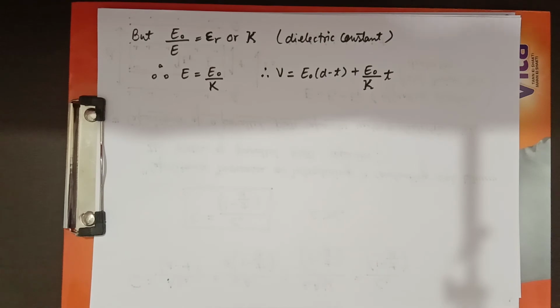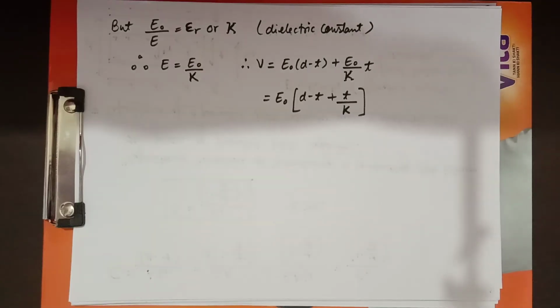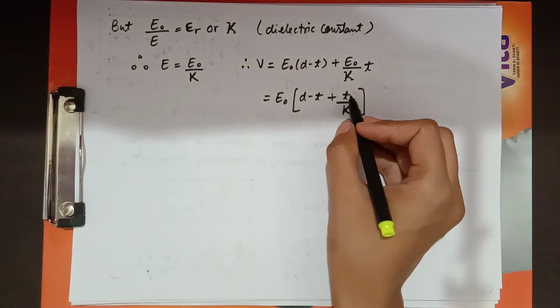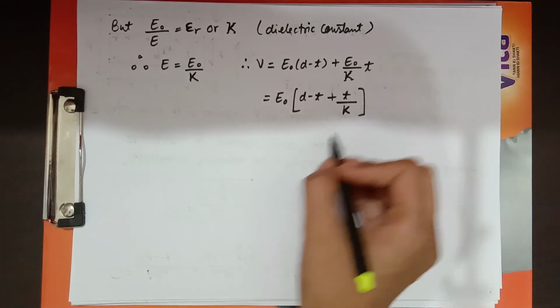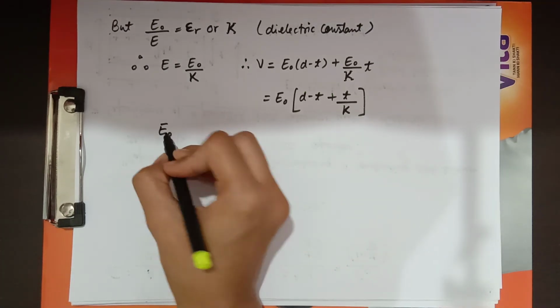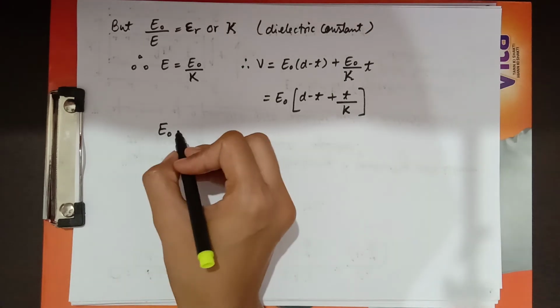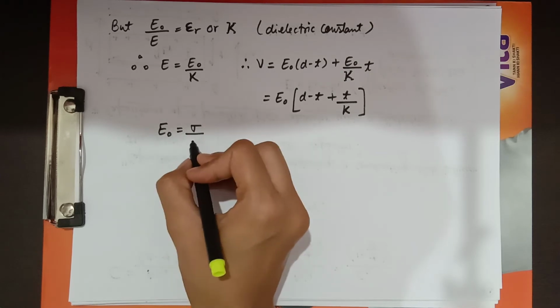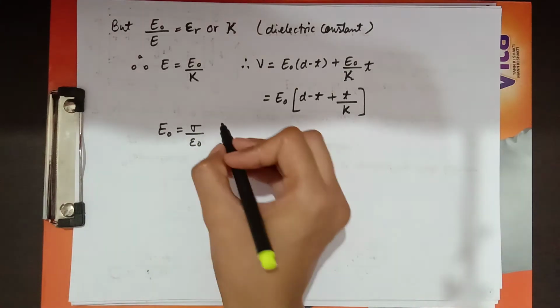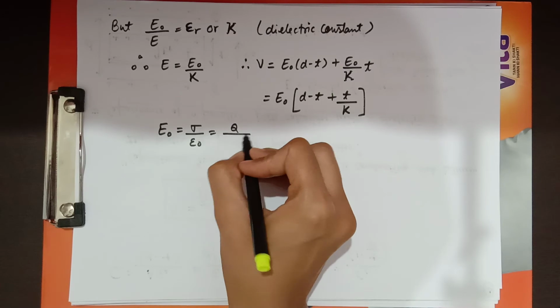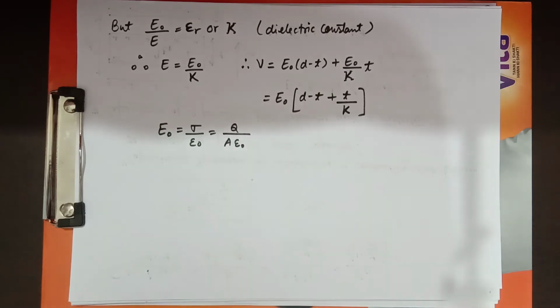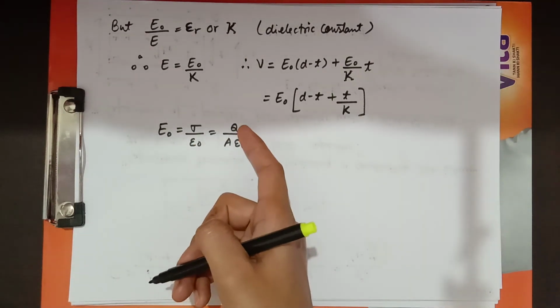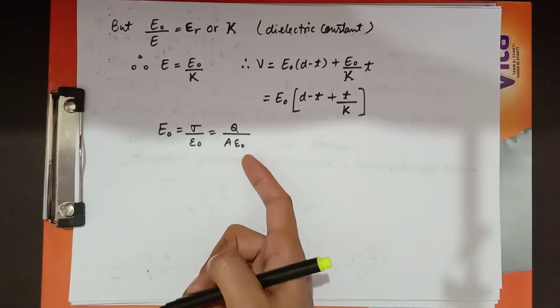And if I take E naught out from this equation, it becomes V is equal to E naught in the bracket (D minus T plus T divided by K). And we know for parallel plates, the electric field E naught is equal to sigma upon epsilon naught, and in the place of sigma, I can write Q upon A. So E naught becomes Q divided by A epsilon naught.